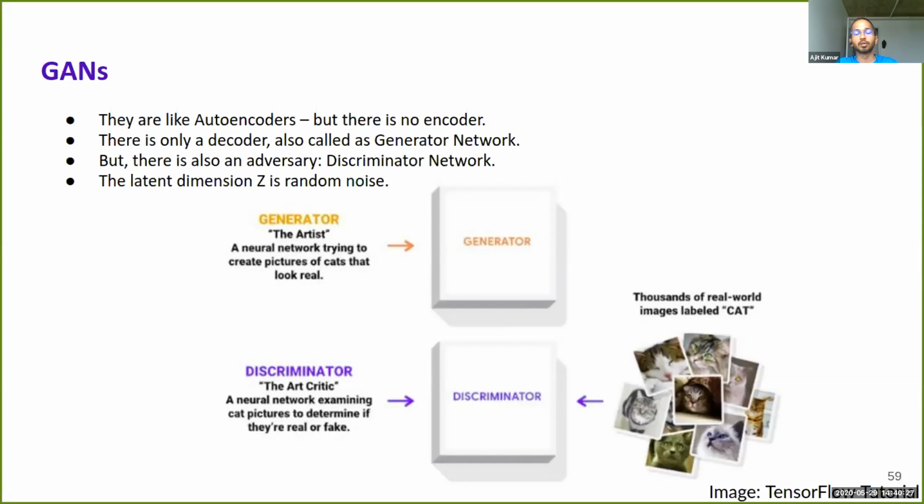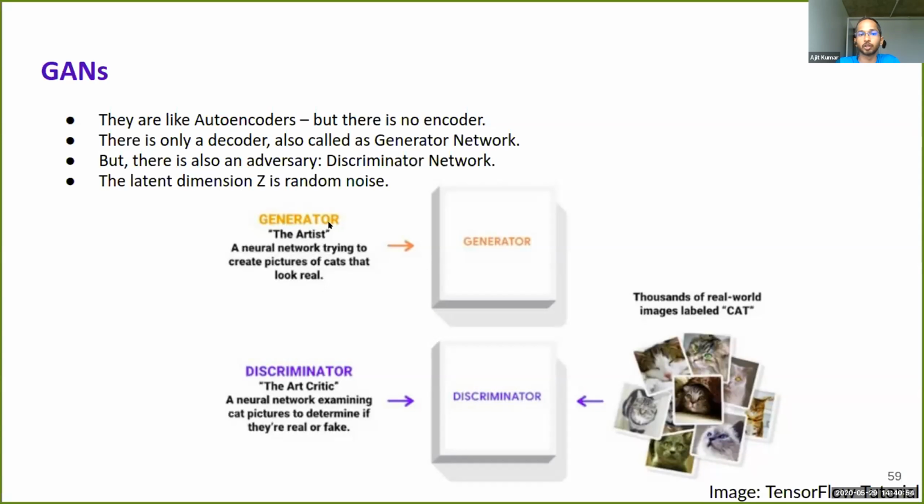So let's go into details of GANs and what they're essentially doing. They are like autoencoders, but there's no encoder network here. And the latent representation Z that we talked about would actually be random noise here. There are two components in a GAN.